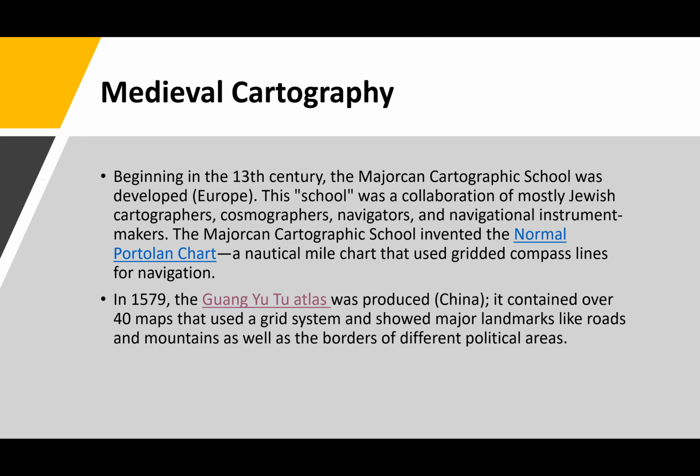Around the 1500s, late 1500s, the Guang Yutu Atlas was produced. That was Chinese, and it contained over 40 maps that used a grid system and showed major landmarks like roads and mountains, as well as the borders of different political areas. So again, we're seeing how maps are becoming more refined, more specialized.